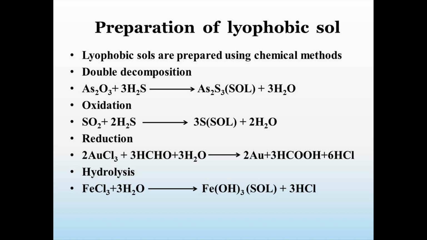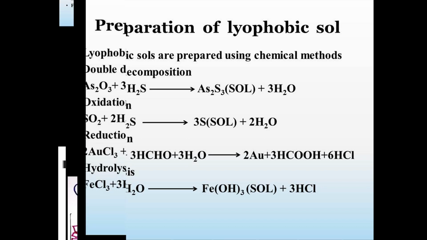So the change is +3 to 0, and so it is considered as reduction. Coming to the next example, it is ferric chloride hydrolysis. Ferric chloride on hydrolysis produces ferric hydroxide sol. This can be considered as an example of hydrolysis as it results due to the reaction with water.